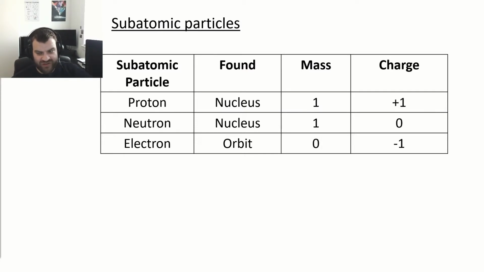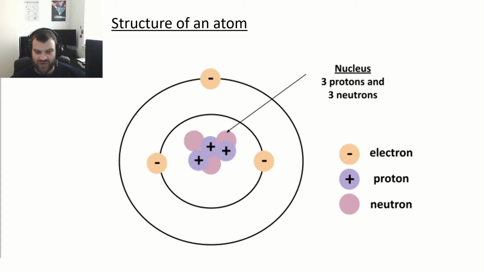Our protons and neutrons have a mass of 1 compared to a mass of 0 for electrons, and then a proton is positively charged, P proton, positive. We have our neutrons, which have no charge, and our electrons are negatively charged.